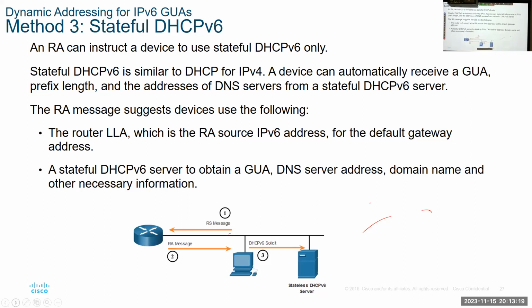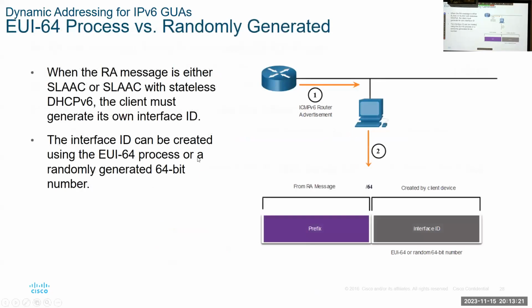All right, so the EUI 64 protocol. When the router advertisement message is either just plain old SLAAC or SLAAC with stateless DHCP, the client generates its own interface ID.